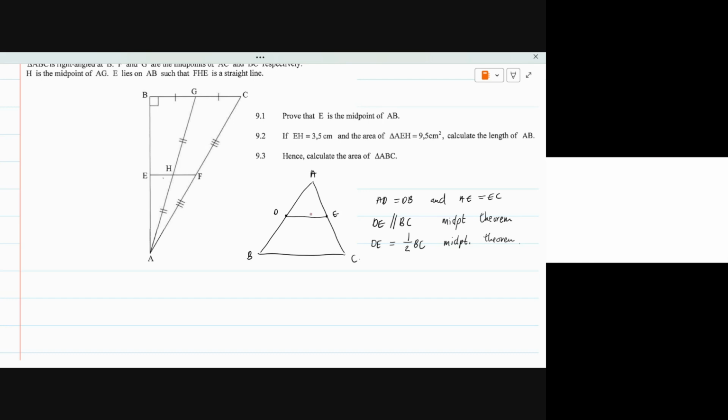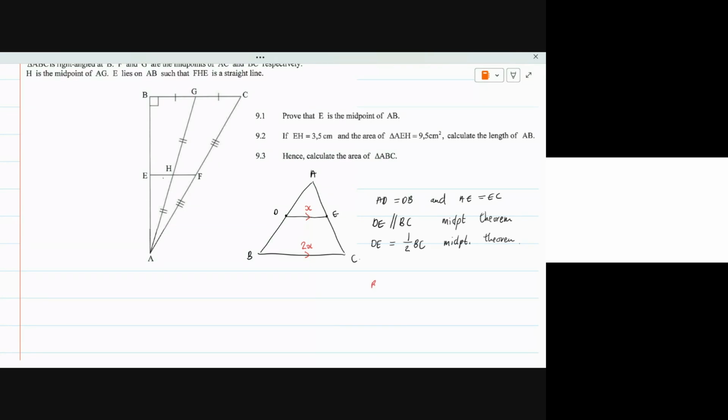So if D is the midpoint of AB and E is the midpoint of AC, then we can conclude that DE is parallel to BC, and we can conclude that if DE is X, then BC should be 2X because DE will be half the length of BC. That's the midpoint theorem.